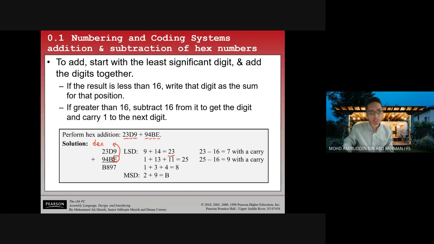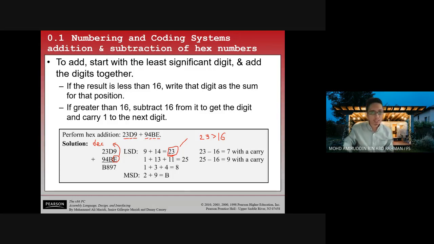So you take this 23, and because 23 is bigger than 16, and you want to put the carry bit on the second digit, you must convert that to base 16 first.